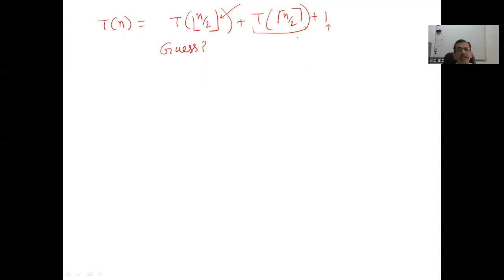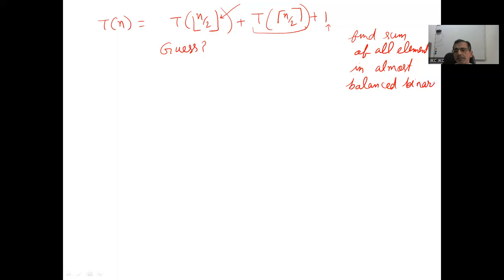Effectively, it means something like a binary tree. One side has floor of n/2, the other side has ceiling of n/2 as nodes. And say I wanted to find the sum of all elements in an almost balanced binary tree. Almost balanced, because if n is odd, then accordingly I will have something like this.